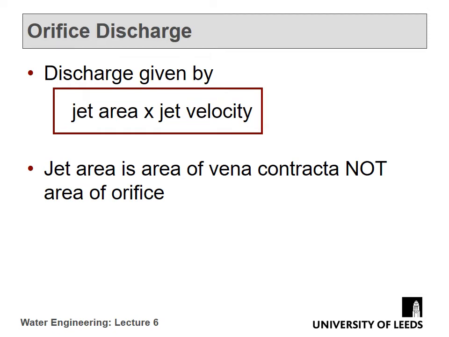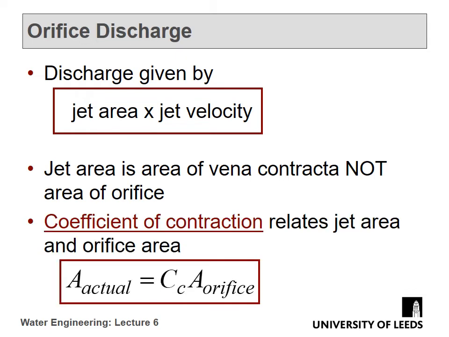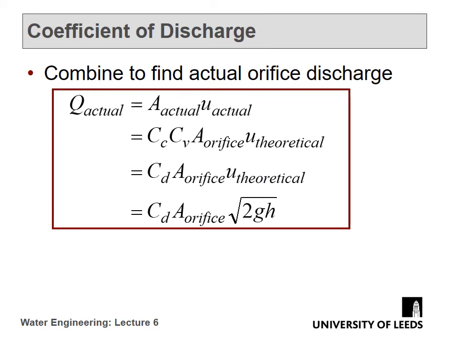The discharge, the flow coming out of that hole, will be the area times the velocity. We need to account for this vena contracta. So the actual area is Cc times the area of the orifice. Let's just put all that together: Cc times the area of the orifice times Cv times root 2gh. We'll call Cc times Cv, Cd.